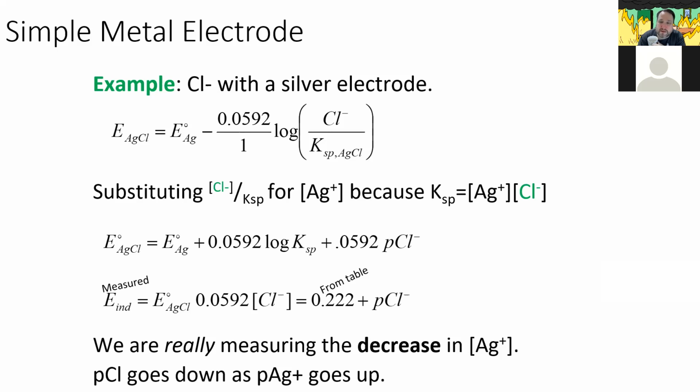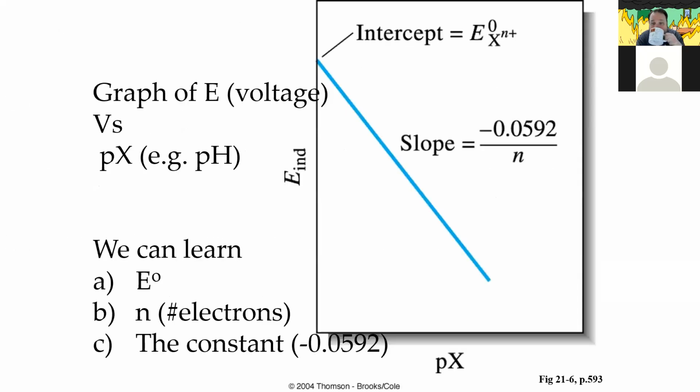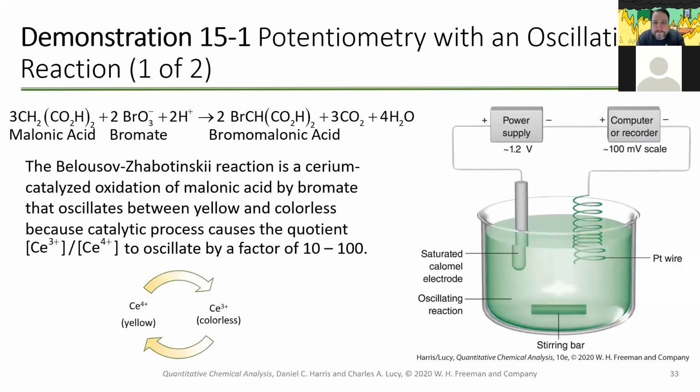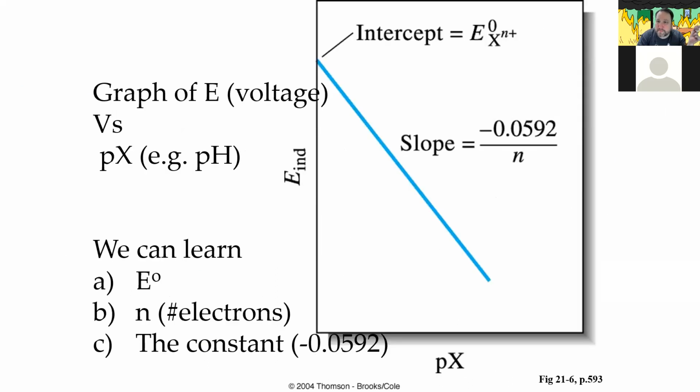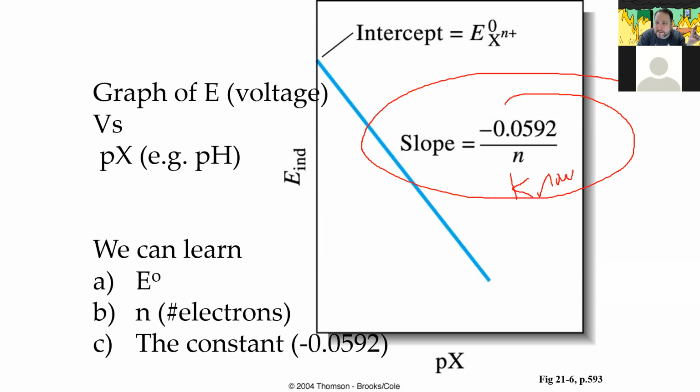You're not really measuring the Cl minus directly, you're measuring it indirectly by measuring the Ag plus concentration. You should know that the slope is going to give you that, and that your intercept is going to give you your E naught value.